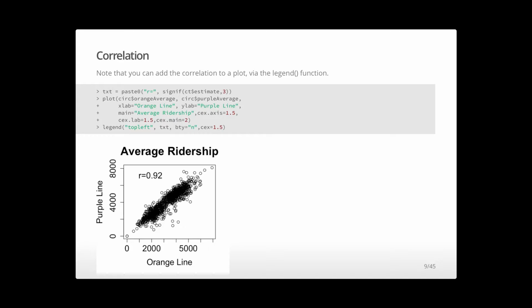This is in base R, so this is plotting the orange versus the purple line with the scatter plot, and we just show you a way to get the estimate, which is the correlation, round it to a few decimals, and put it on top of here. If you're using ggplot2, I would use the annotate function, but this is a way you can get data and put it on a scatter plot.